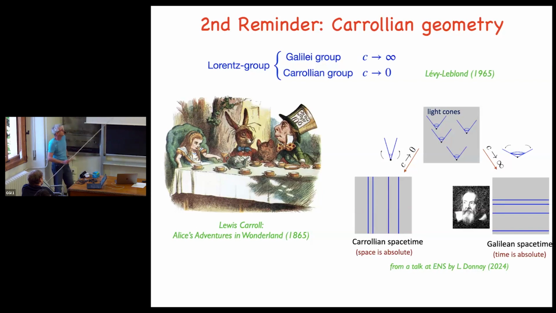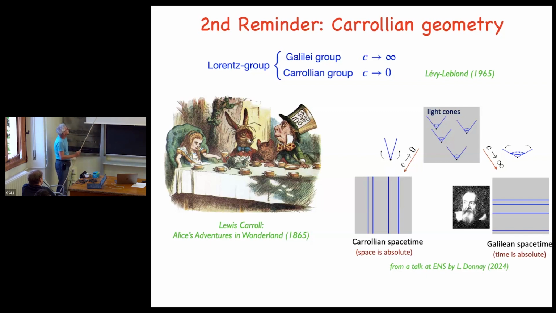But we can do now, Lévy-Leblond asked the question: what do we get if you do the opposite? So we send c to 0, which gives you another group, called the Carrollian group.